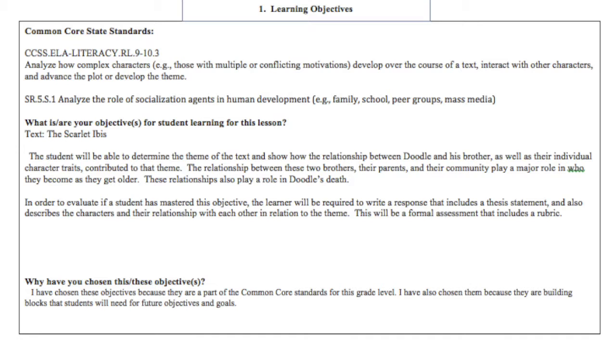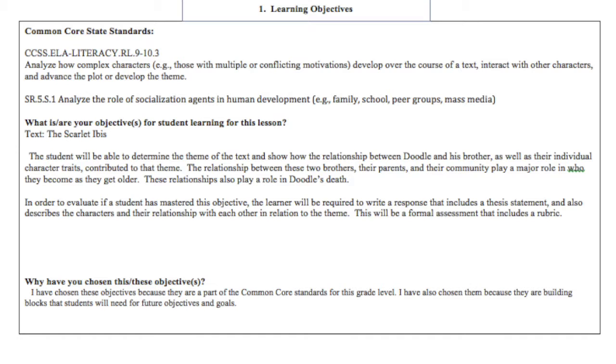So we've got the first standard met by the student finding the theme and showing how the relationships develop to advance that theme. And then we're analyzing the socialization agents by analyzing the relationship between the two brothers and also these two brothers' relationships with their parents, their community, their peers, who they deal with at school, and other family members throughout the story.